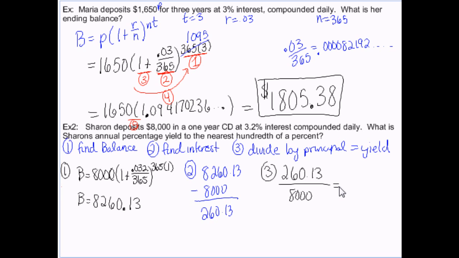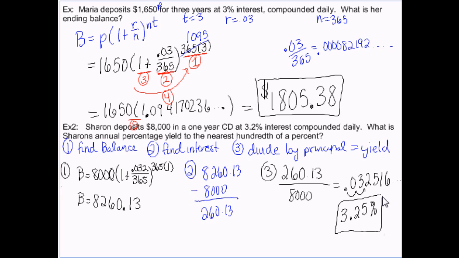Okay, so 260.13 divided by 8,000 is 0.032516 and other stuff. It said to the nearest hundredth, so that's going to be 3.25%.